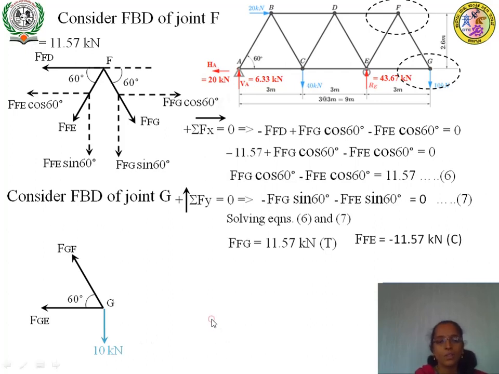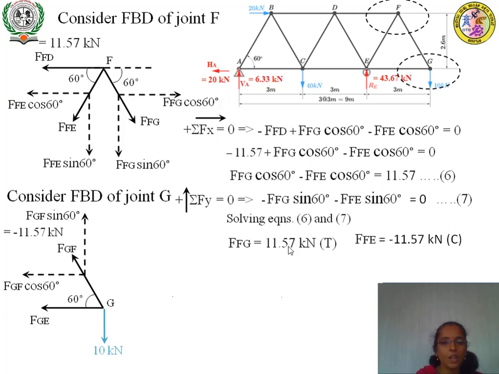Resolve this inclined force FGF: cos 60, FGF sin 60. It is in the second quadrant, x negative, y positive. FGF we have computed from the previous joint, that is equal to 11.57 kilonewton.